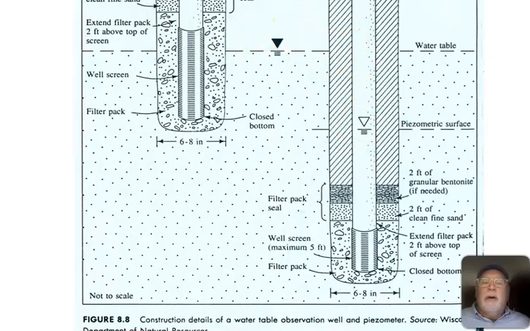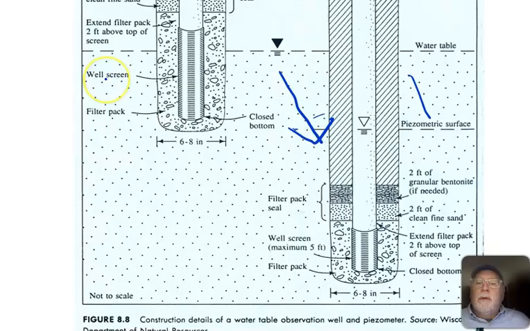So water goes downhill, and what this tells me is there's actually a vertical component to the flow. The water is kind of going down this way, so it's lower head down where the screen is than it is up here. That's assuming it's a water table, an unconfined aquifer, with no layer between. It's not a confined aquifer.